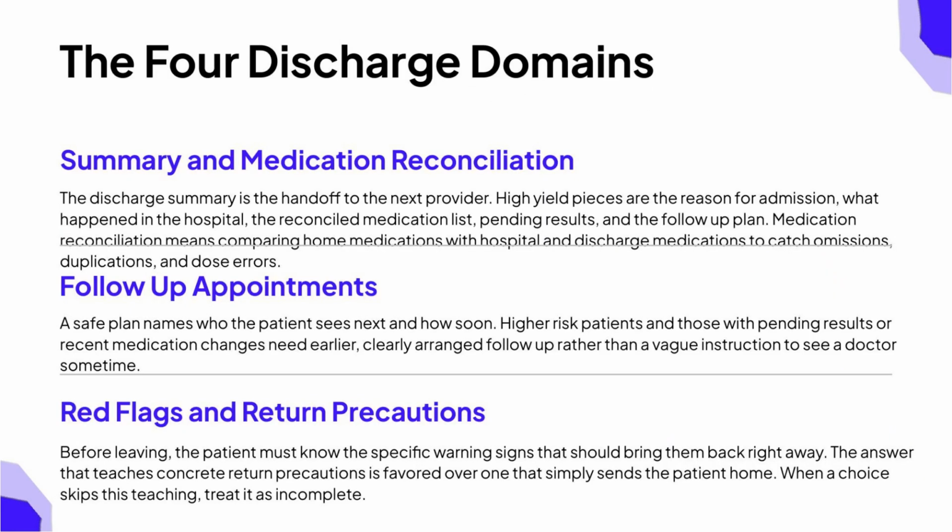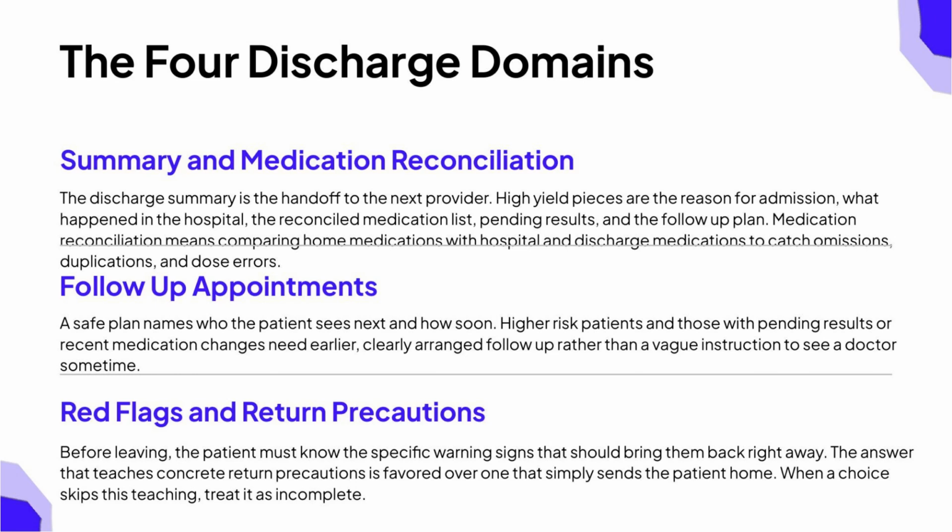Let us put the 4 discharge domains in one place, because almost every discharge question lives in one of them. Domain 1 is the discharge summary, the handoff to the next provider, which should include the reason for admission, what happened in the hospital, the reconciled medication list, pending results, and the follow-up plan.